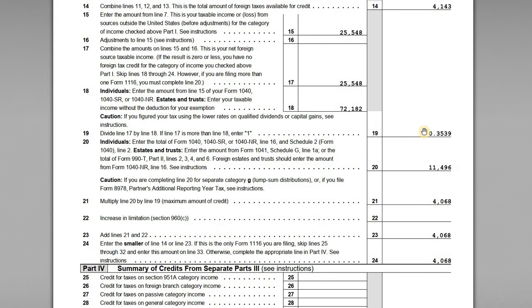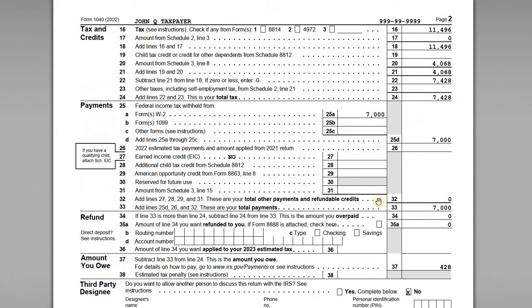So now divide line 17, 25,548, by the total, and we get this percentage. Once we have this percentage, we then pull the amount of tax that's being calculated on our total taxable income. So that 11,496 figure, we can find that up on page 2. The 11,496 figure is the total amount of U.S. taxes being applied to all our taxable income.